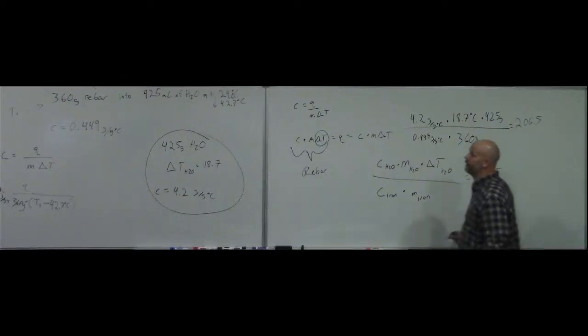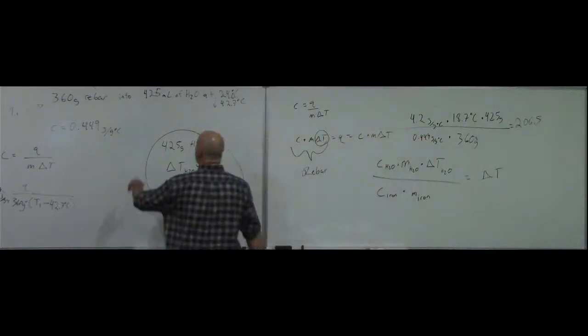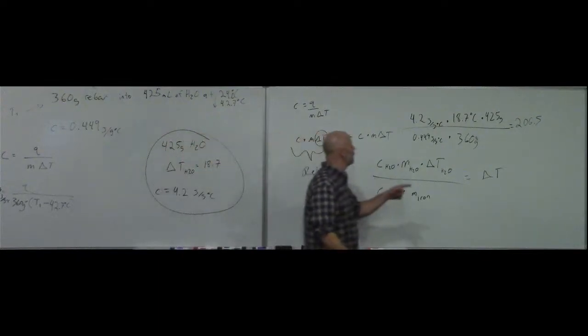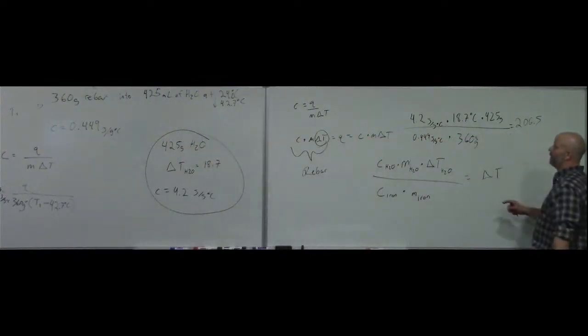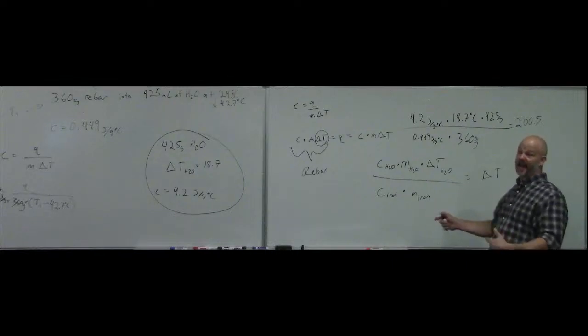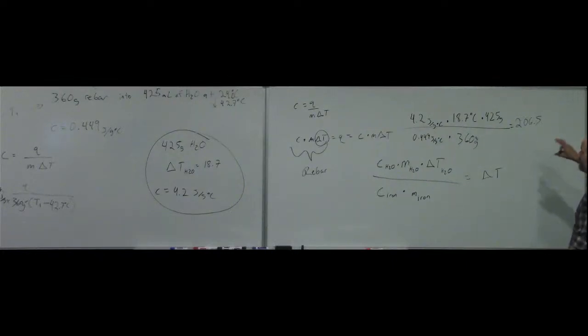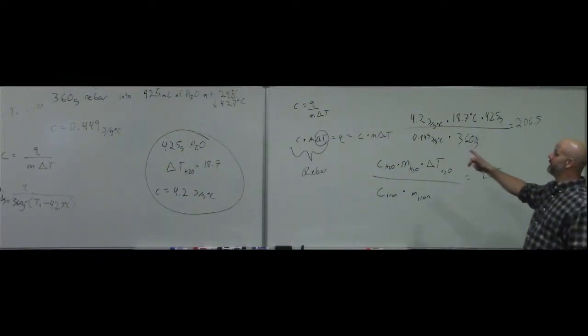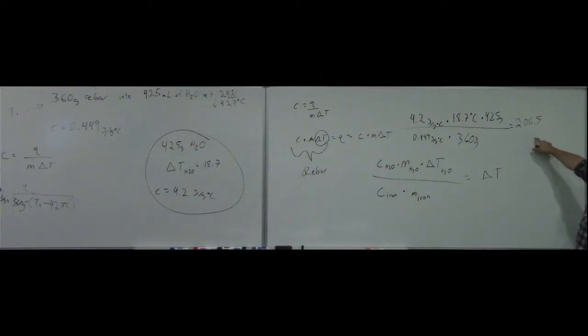I'm solving for initial T. So I need to add my final T to this to figure out my initial T, right? And so in that case, what is this?